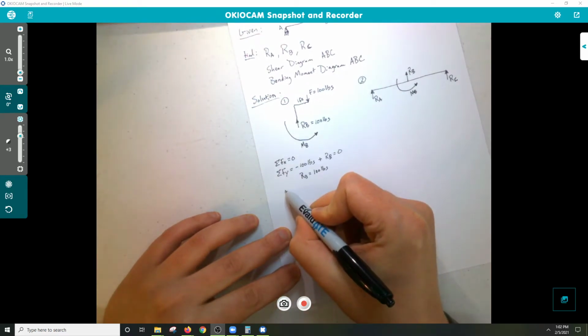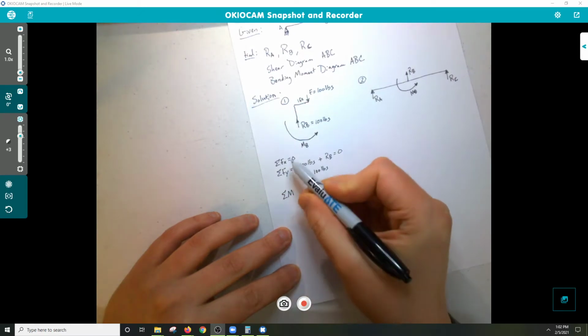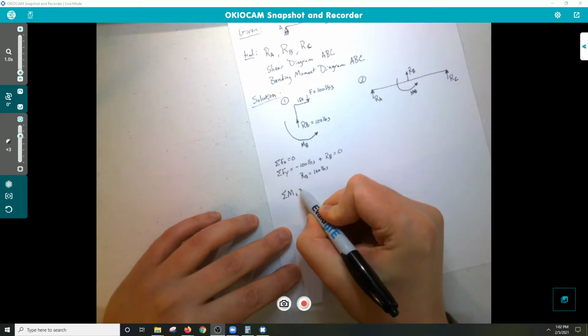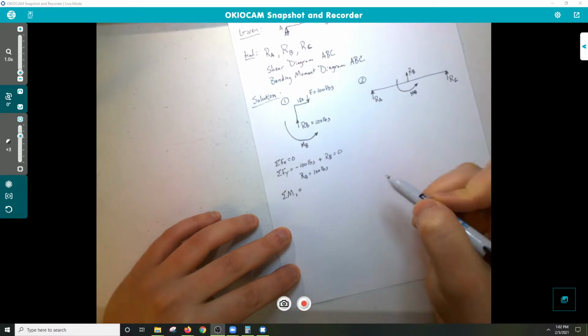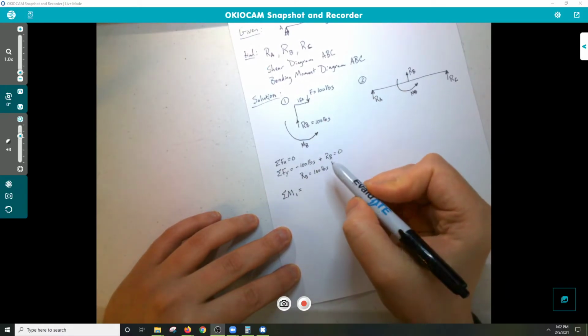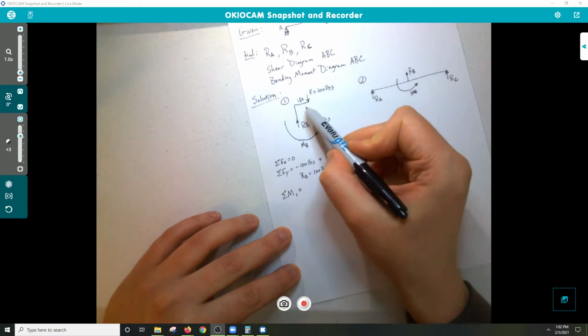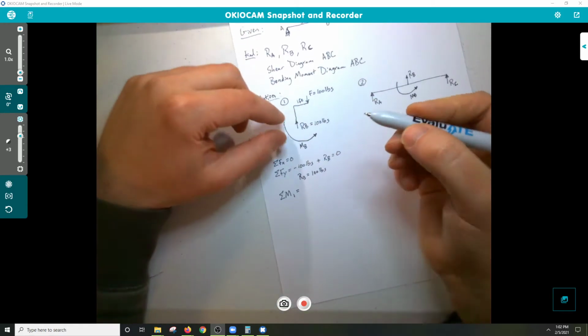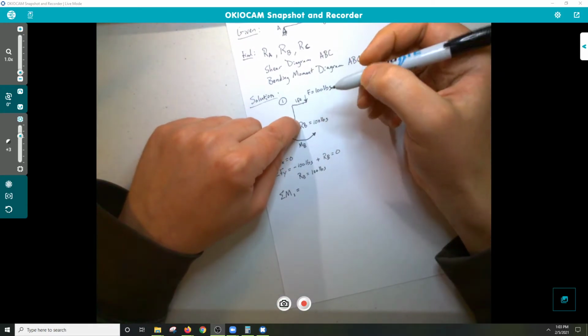And then summation here of our moments for free body diagram 1. So all the moments will end up equaling 0. But what we do have is, well, we have to pick a point, right? So think about where we're going to be pivoting around.